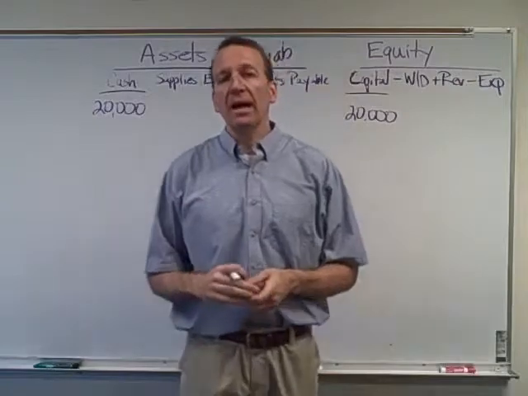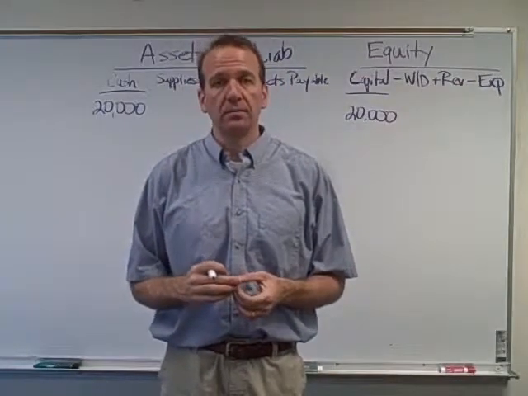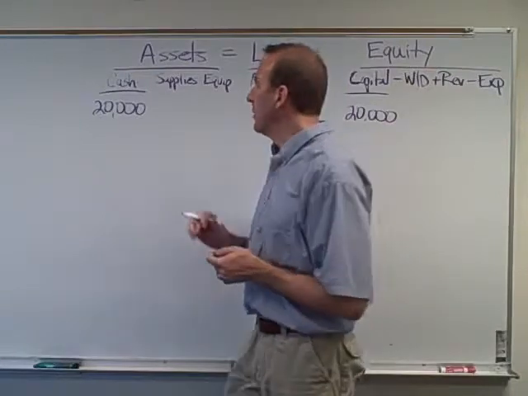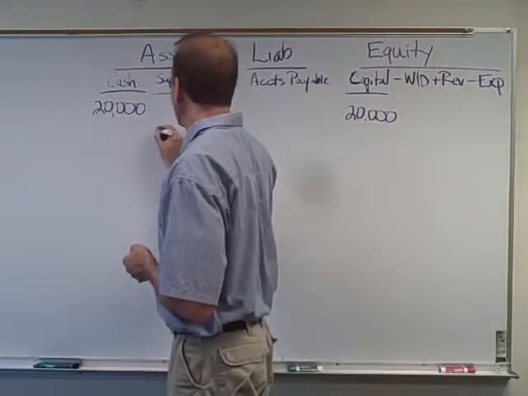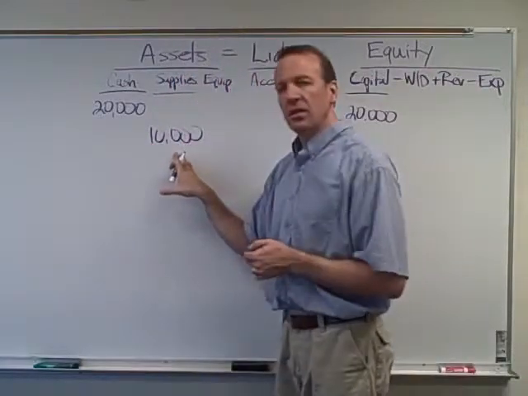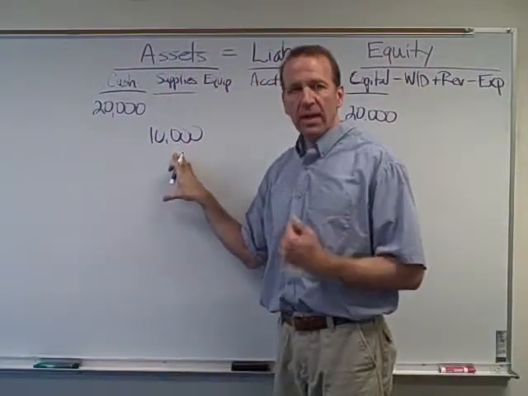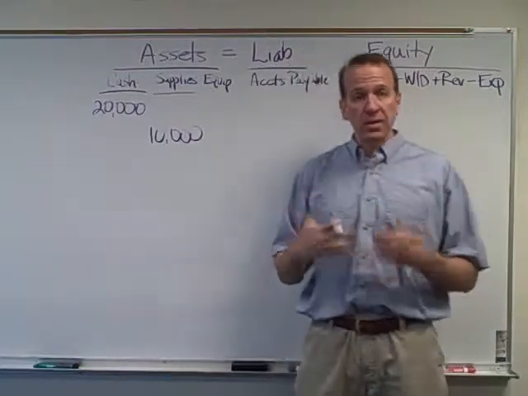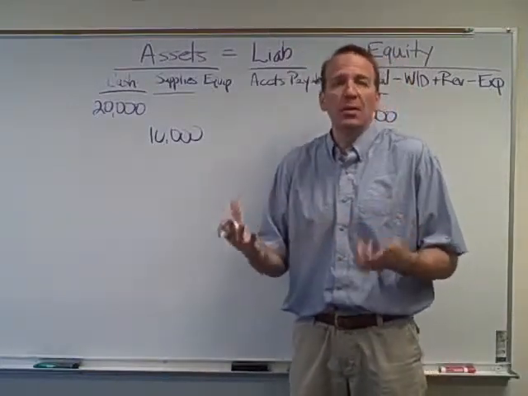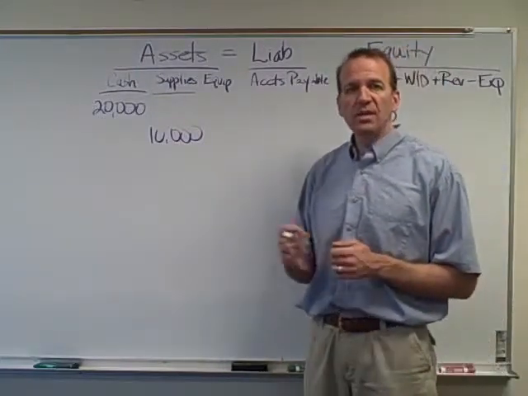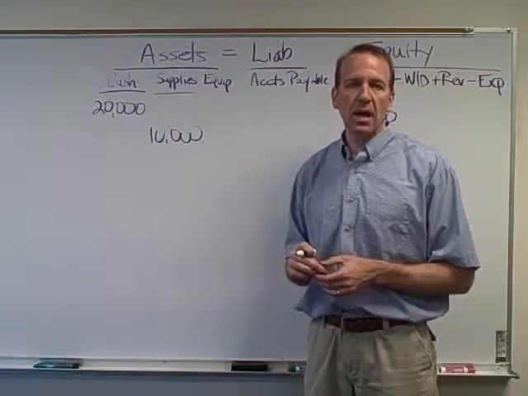Now let's say you buy $10,000 of supplies. If we need some different types of supplies for our business, we just purchased 10,000. I'm going to put that a little bit lower so that we can see it better. So we've got 10,000 in supplies. Now how did we get that? Well, your homework problem, or the textbook, would have to tell you. You don't just know how you got the supplies. But in this case, let's say that we got the supplies because we set up a credit account with the supply company.